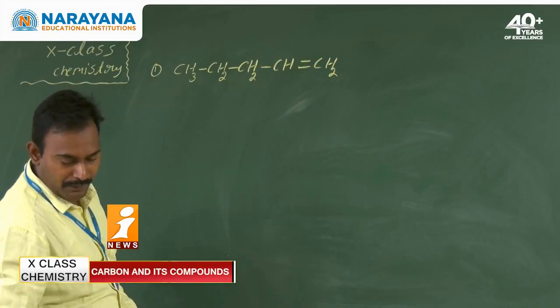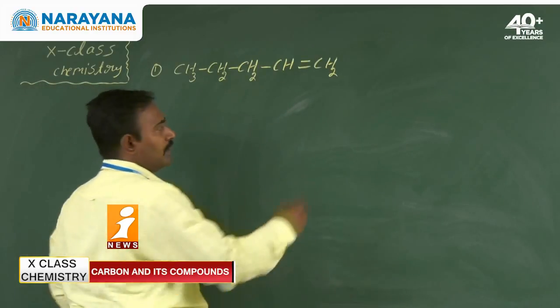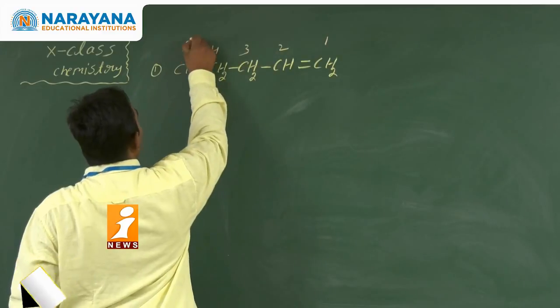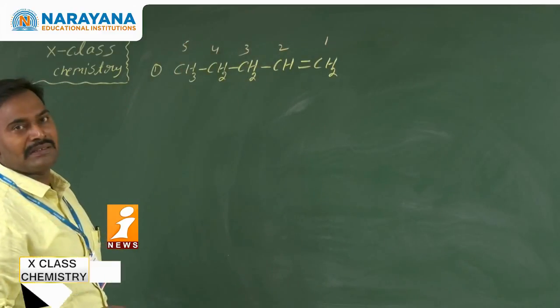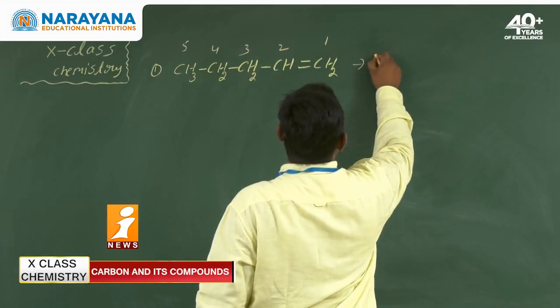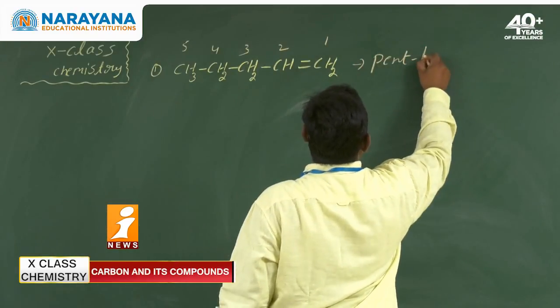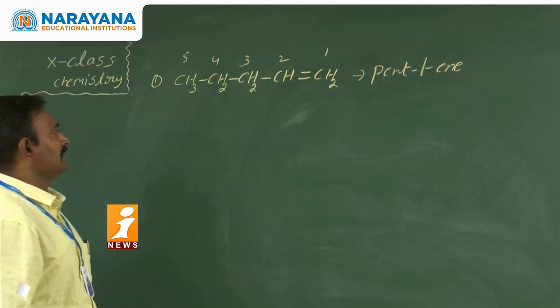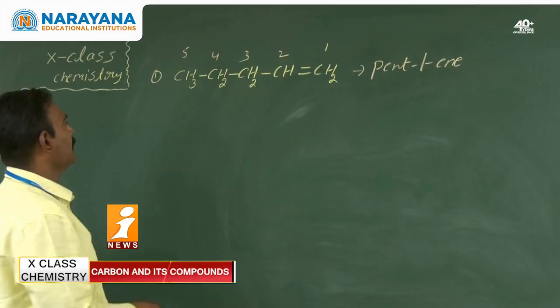What is the name of this compound? Numbering 1, 2, 3, 4, 5. No prefix and no secondary suffix. The name of this compound is pent-1-ene, otherwise 1-pentene.